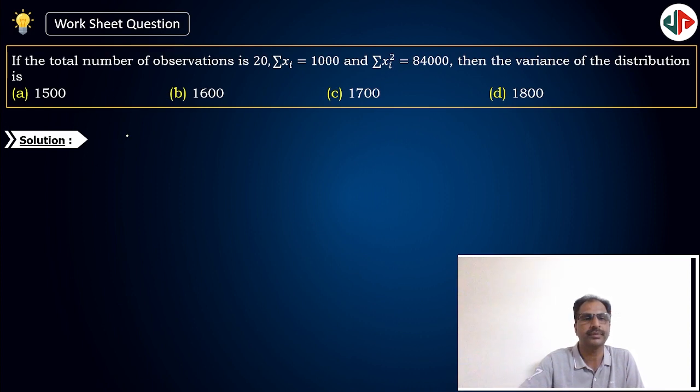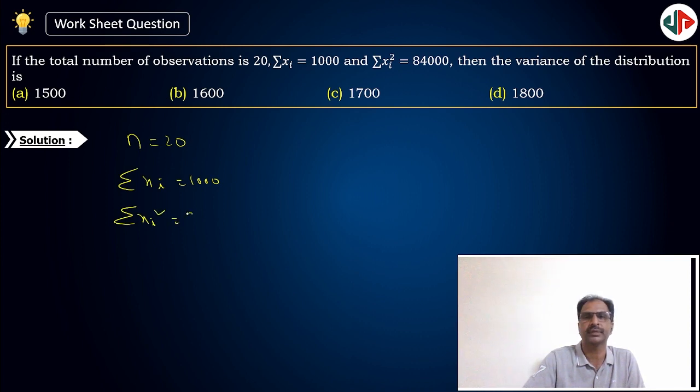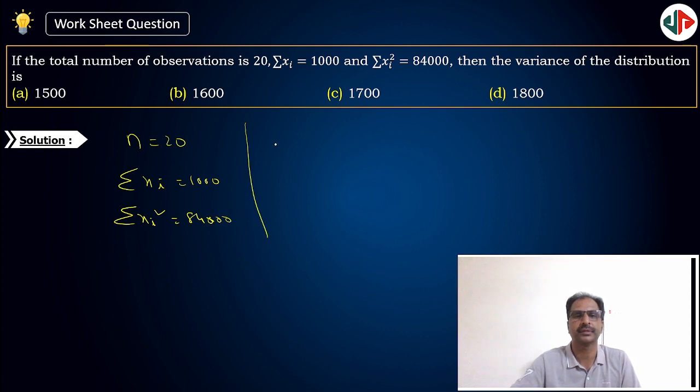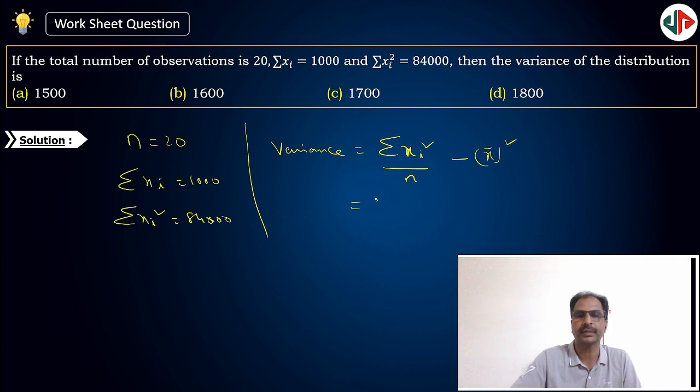Total number of observations n is given as 20. Sigma xi is given as 1000. Sigma xi square is given as 84,000. Then what is the variance? The formula for variance is sigma xi square by n minus x bar whole square. Sigma xi square is 84,000.